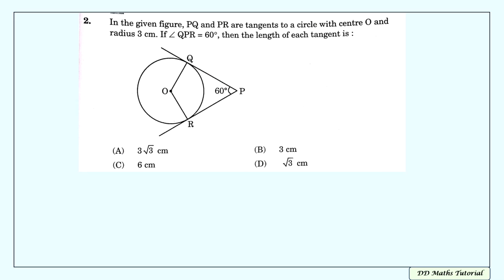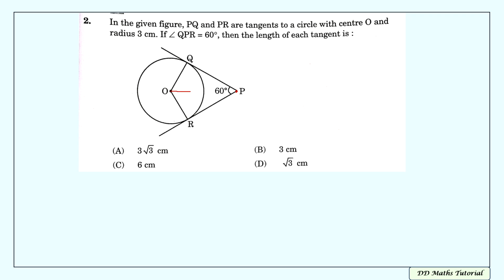Next question. In the given figure, PQ and PR are tangents to a circle with center O and radius 3 centimeter. If angle QPR is equal to 60 degree, then the length of each tangent is. So we are given an external point P and PQ and PR are the tangents.